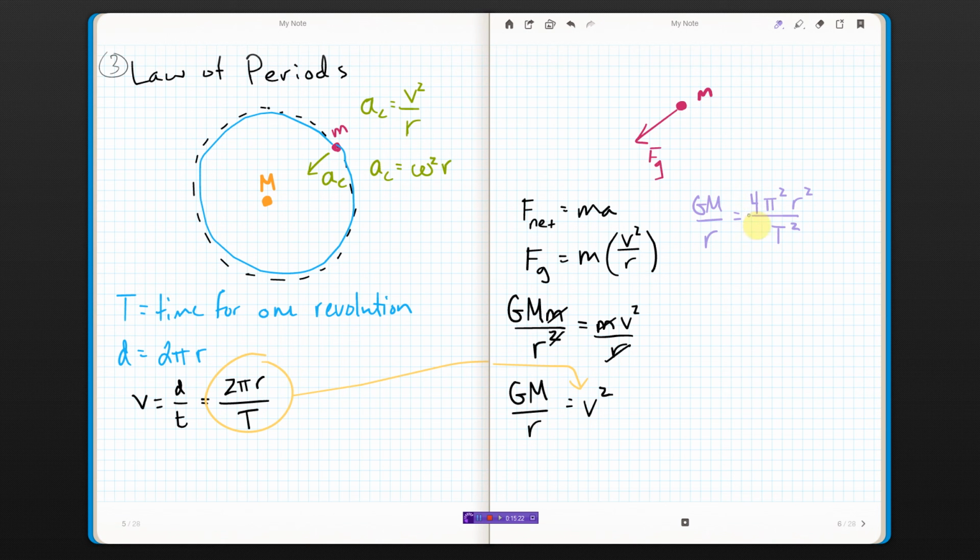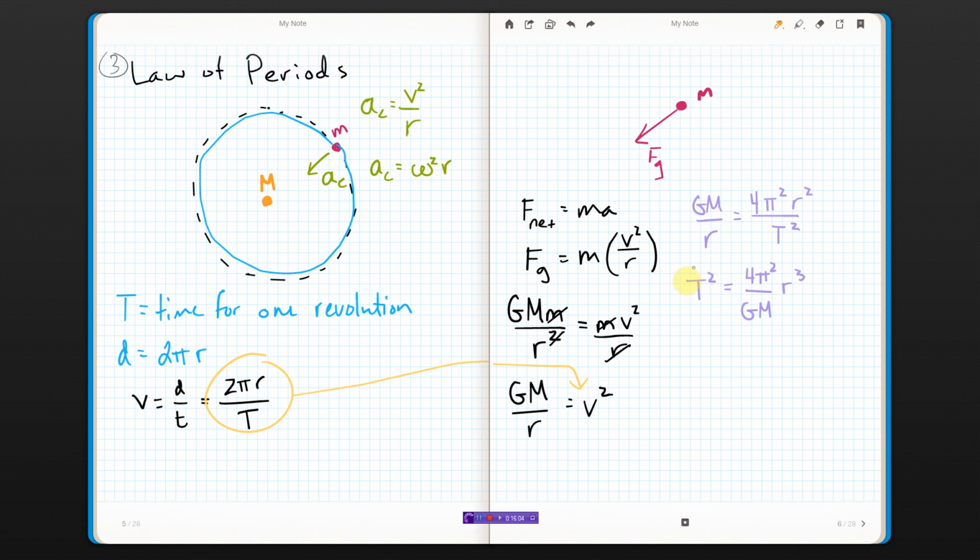Now I'm going to clean it up a little bit so that I get period equals something. With some rearranging and algebra, multiplying both sides by T squared, I end up with T squared equals 4 pi squared over G big M, all times r cubed. This right here is the law of periods.